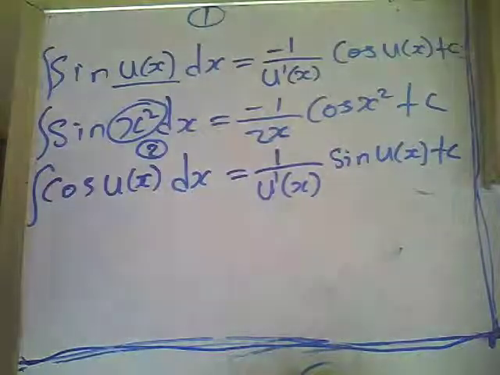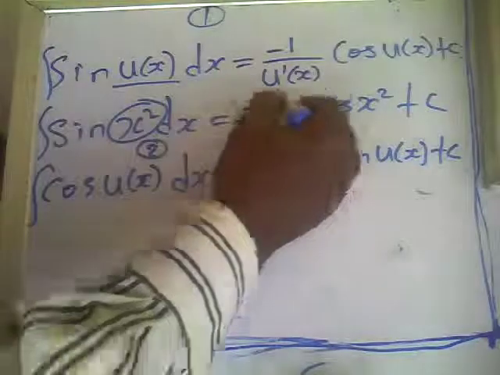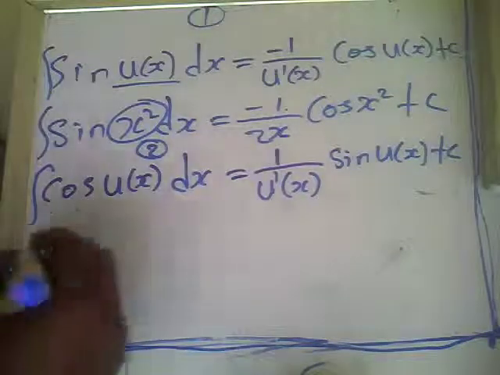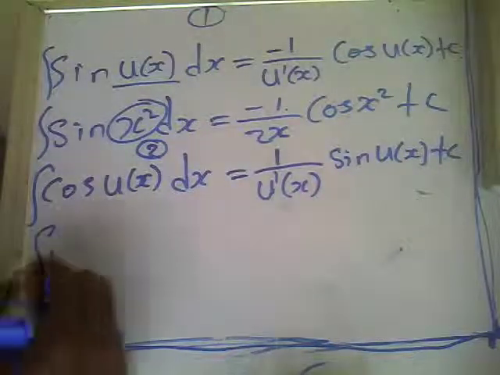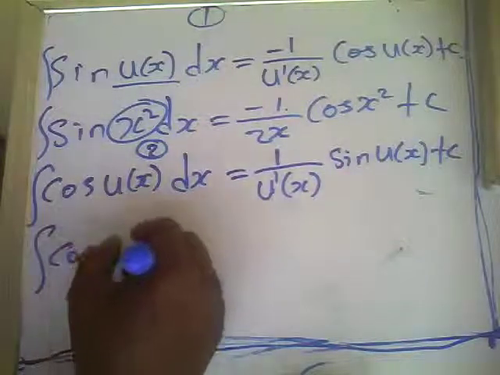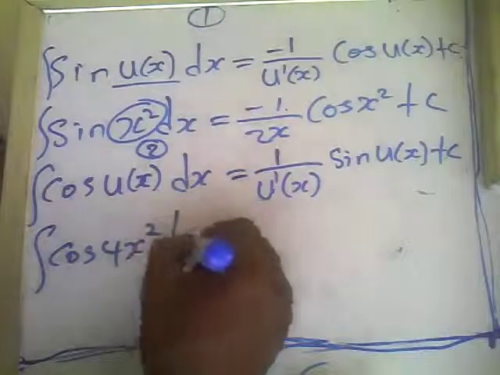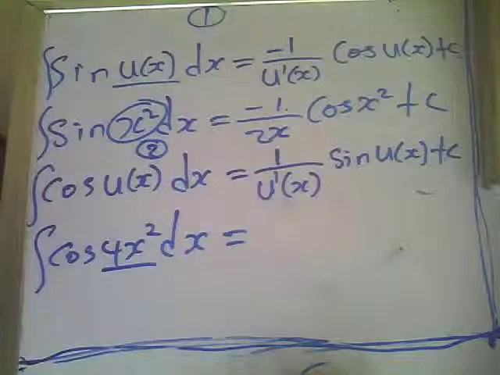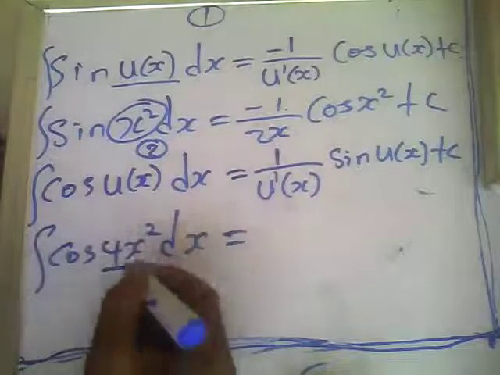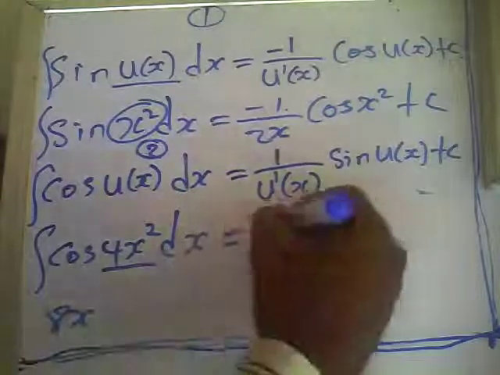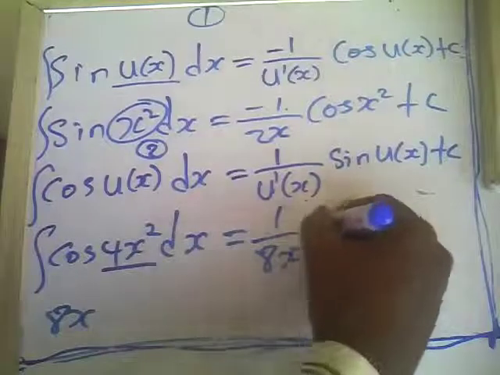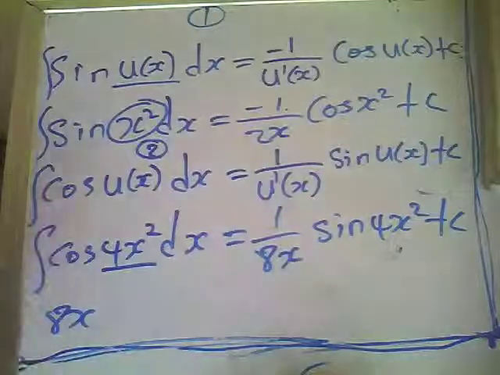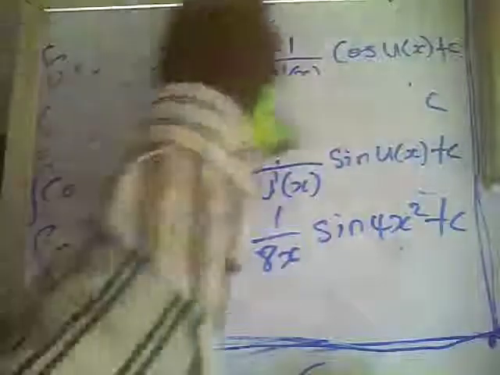Remember, for the sine function we have negative, for the cos function we have positive in the case of integration. So if we have to integrate cos 4x squared dx, for instance, all we do is look at this function, 4x squared, which is a function inside the trig function. Differentiate 4x squared and we have 8x. So we say 1 over 8x, sine 4x squared plus c. I hope you understand how to solve problems of this nature.